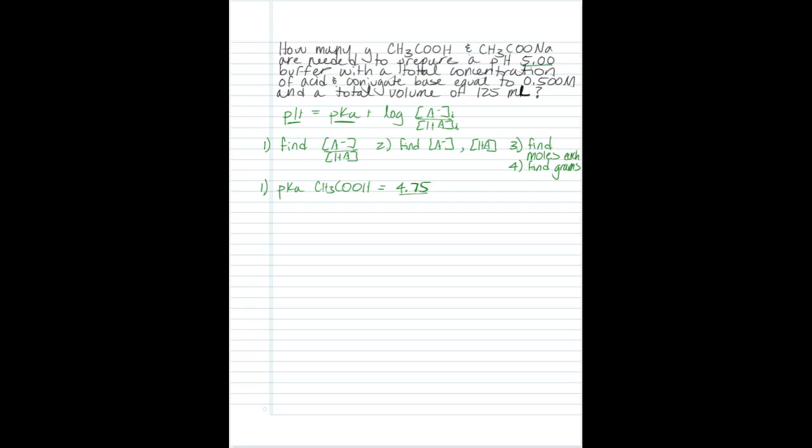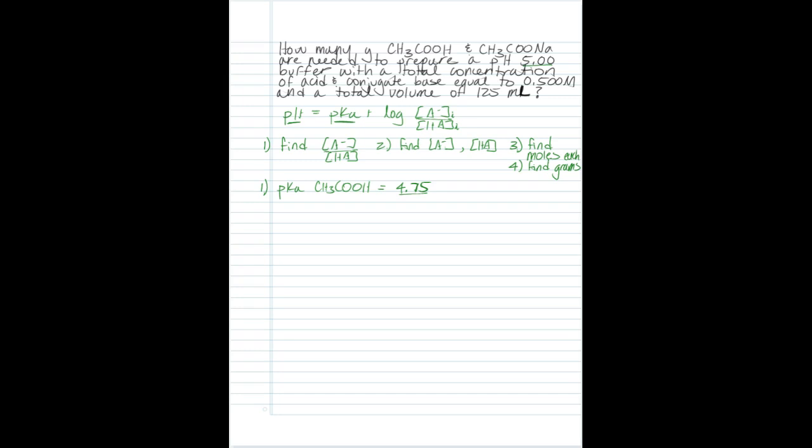Well, if our pH is going to be higher, that means it's going to be less acidic, more basic, than if it was equal concentrations of the acetic acid and the conjugate base. Remember, if they're equal concentrations, then the pH equals the pKa, but the pH is more, so it's looking like we're going to need more base. So let's just keep that in mind as we go through our calculations and see if our calculation makes sense in the end.